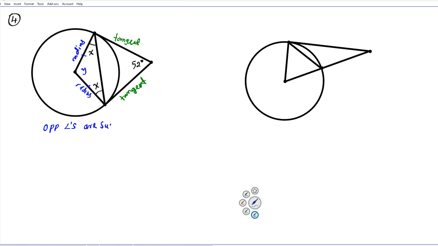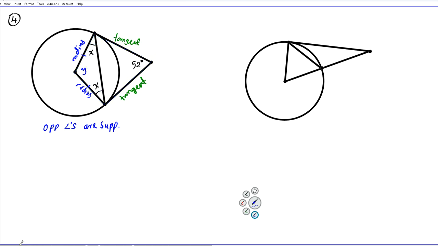So opposite angles are supplementary, basically telling us that angle y and 52 are supplementary. That's for the quadrilateral, okay, not the triangle. So focusing on just this quadrilateral right here, these ones are supplementary, and then these ones are supplementary also.